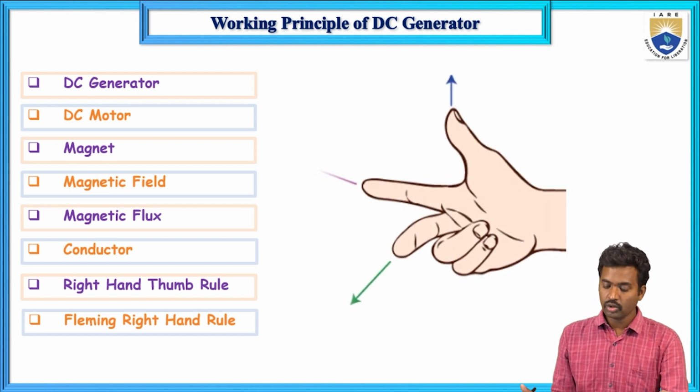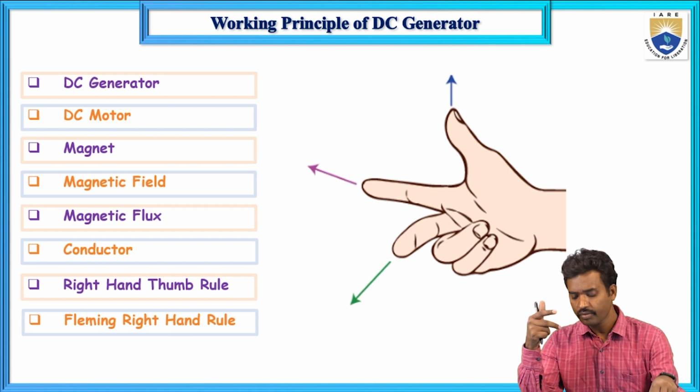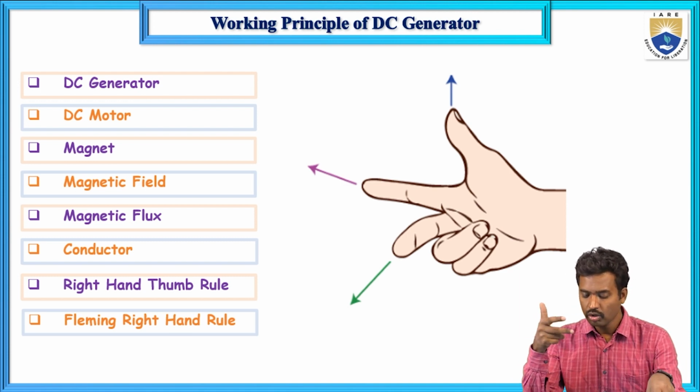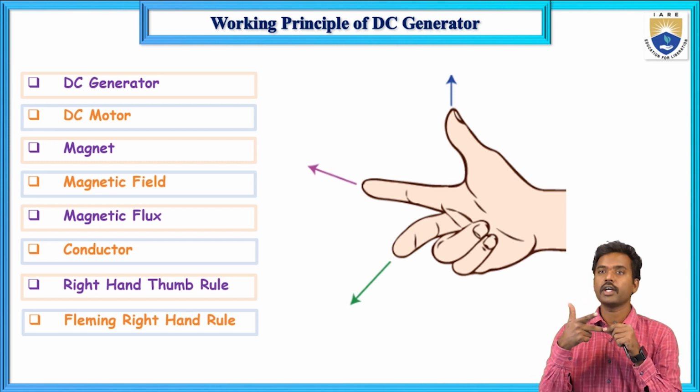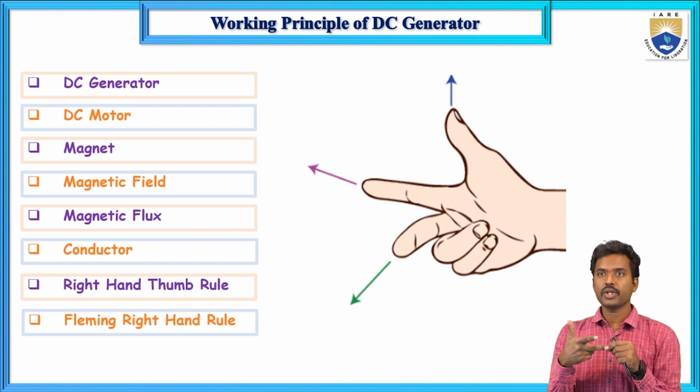See this diagram. The thumb finger, middle finger and forefinger are at right angles to each other.